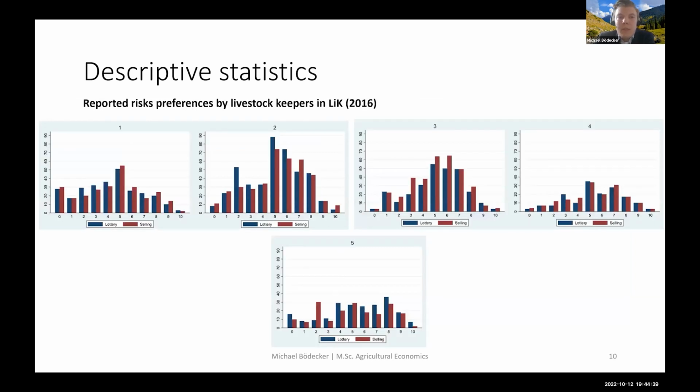Yes, if I compare the respondents' risk preferences regarding the incentivized measures and the self-assessments, we can see no apparent relationship at first hand.